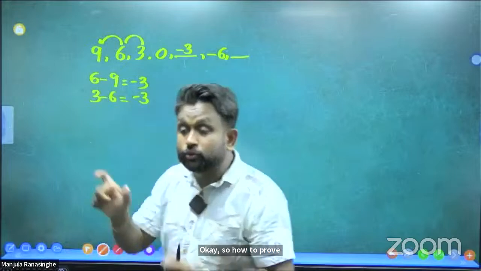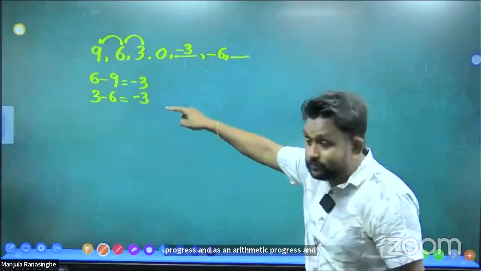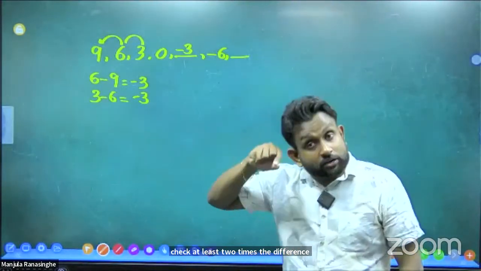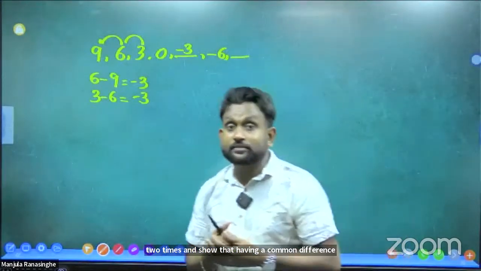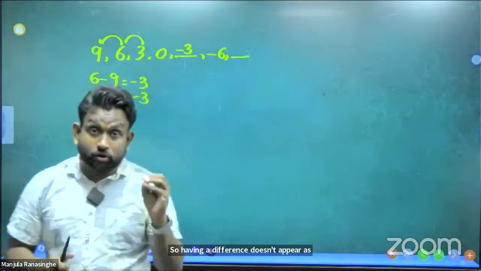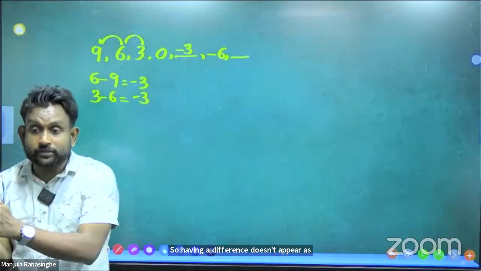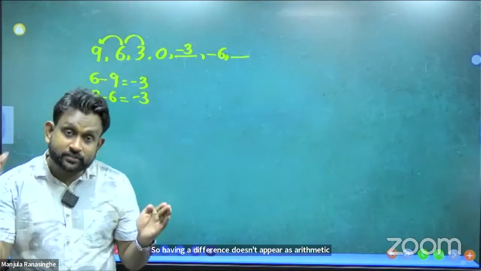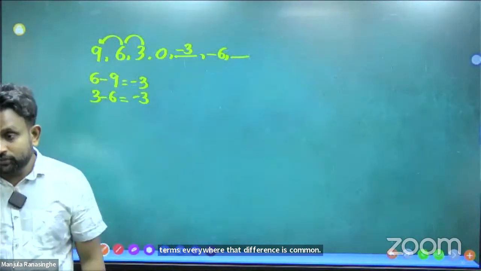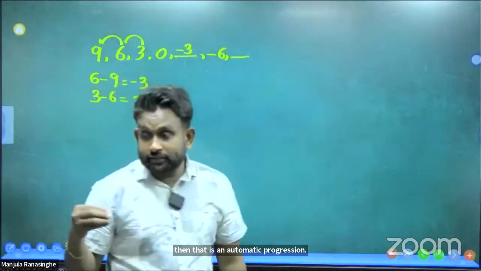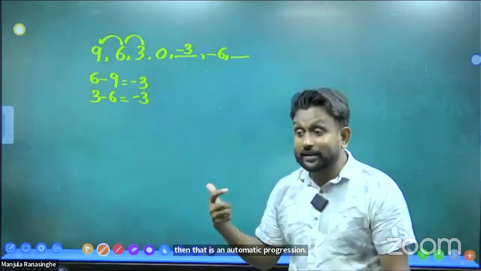Check at least 2 times the difference, and show that it has a common difference. Having a difference alone doesn't make it an arithmetic progression. Having a common difference between the two terms everywhere, that difference is common, then that is an arithmetic progression. Right. How to understand? In an arithmetic progression, there is a common difference.